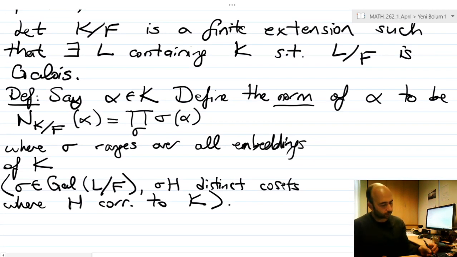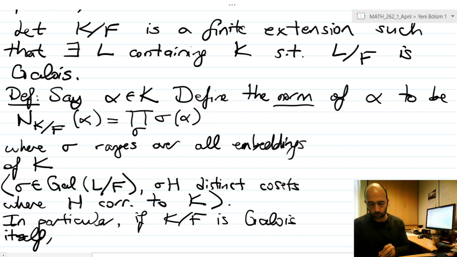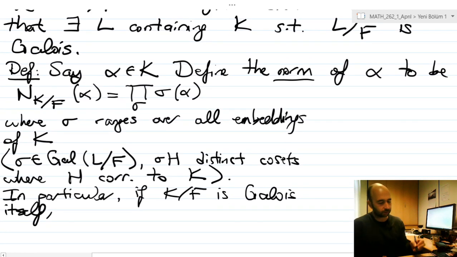In particular, if the extension K over F is Galois itself, it's a little bit easier to write down maybe. Then you don't have to go all the way up to L. K is equal to L in this case. You can take that.